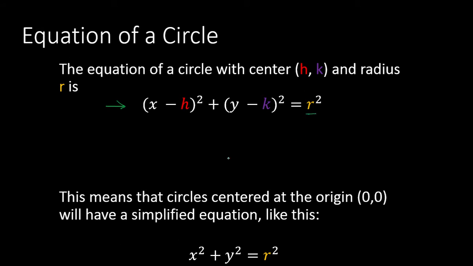R, as you can guess, is your radius. H is the x-coordinate of the center. And k is the y-coordinate of the center. Okay? So we have x minus h, the x-coordinate of the center, y minus k, the y-coordinate of the center, and then r. And that's all we need to define any circle.